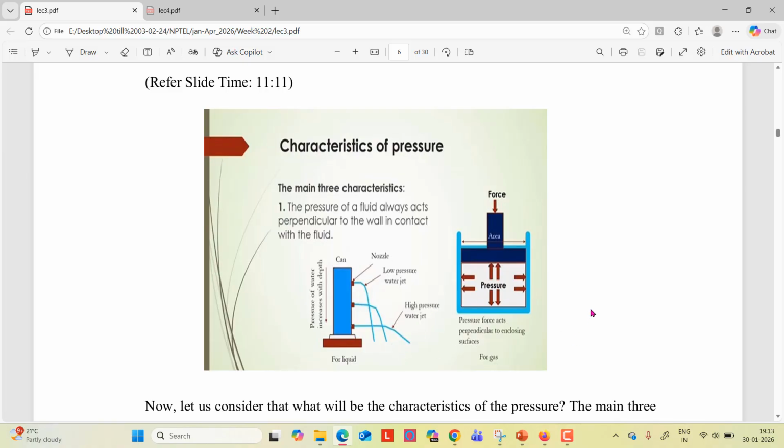In a building, the person living on the top floor gets a low pressure water jet, while the person on the ground floor may get the highest pressure water jet. This is the difference of pressure with height.